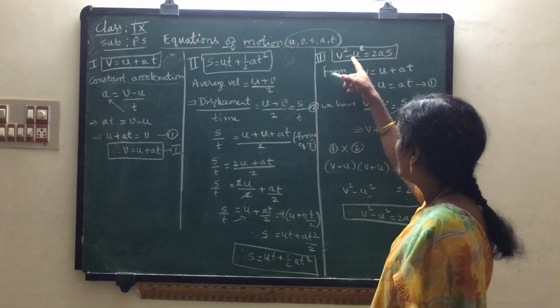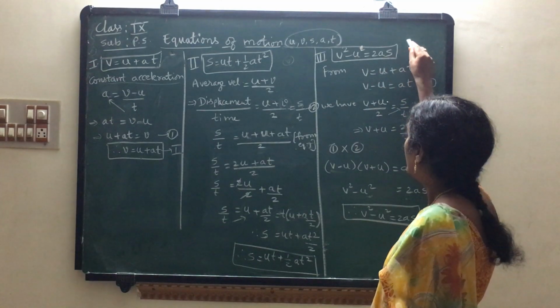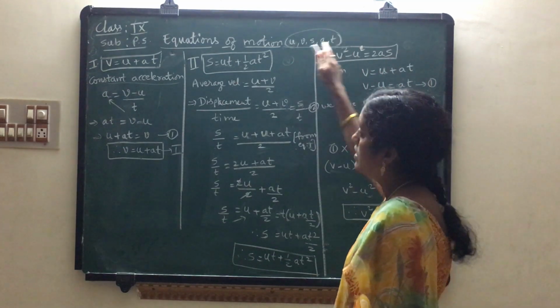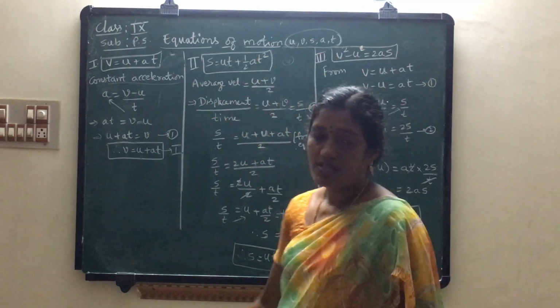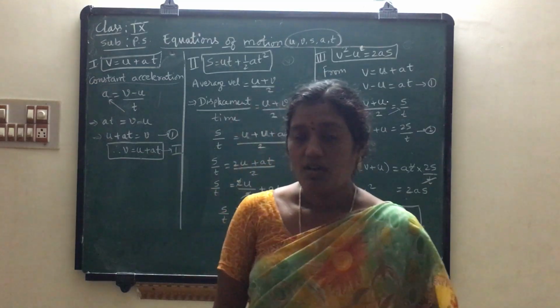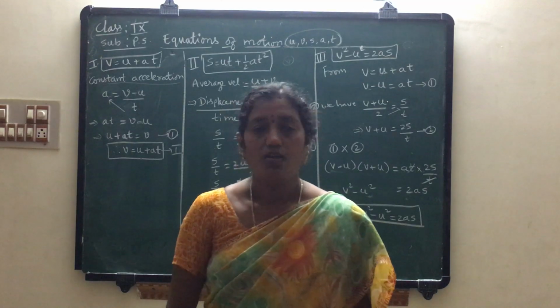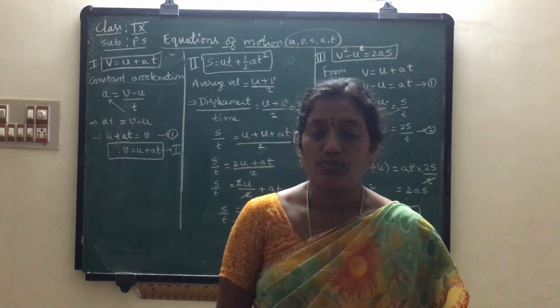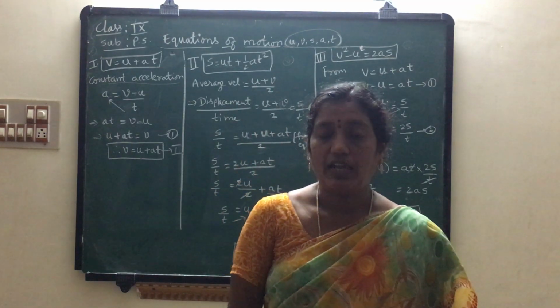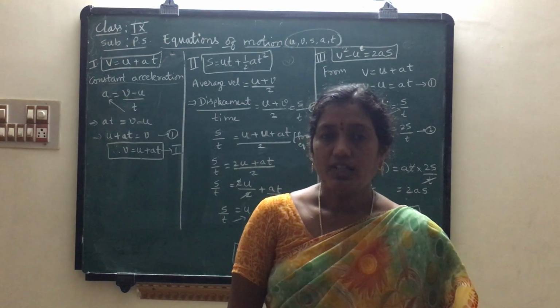And in this one, v, u, a, s, t is not there. In each equation of motion, one quantity is missing. So while doing problems, you must be careful which equation of motion we have to consider and follow. We will see.